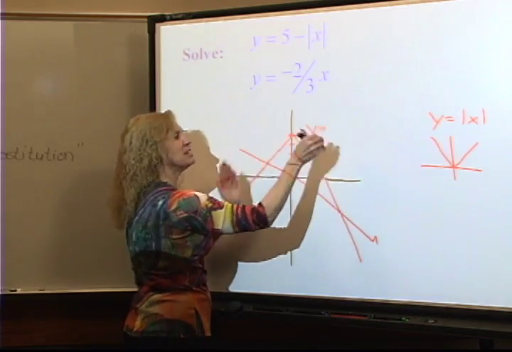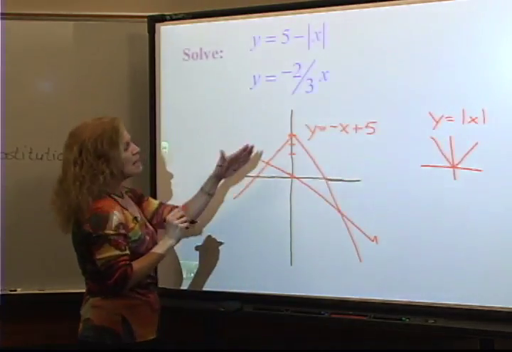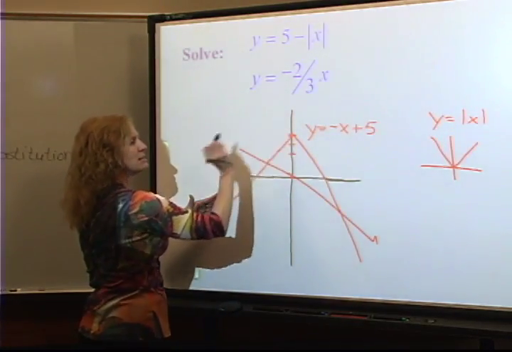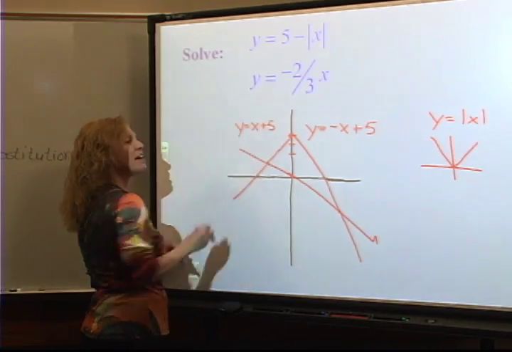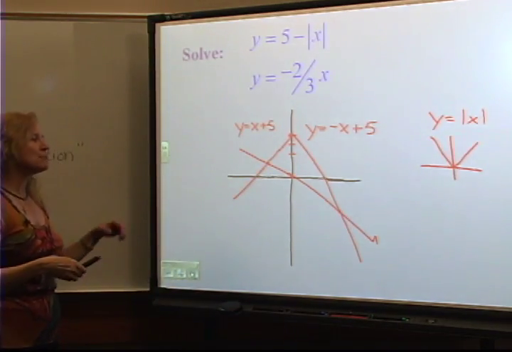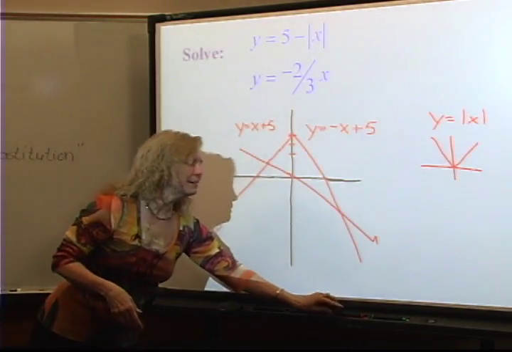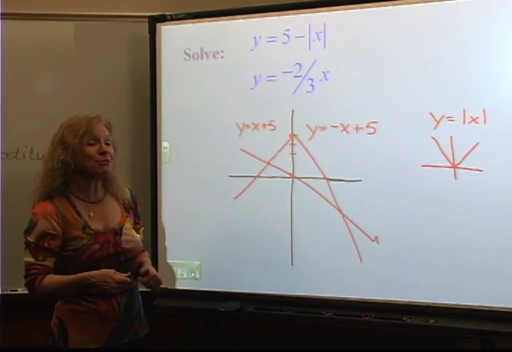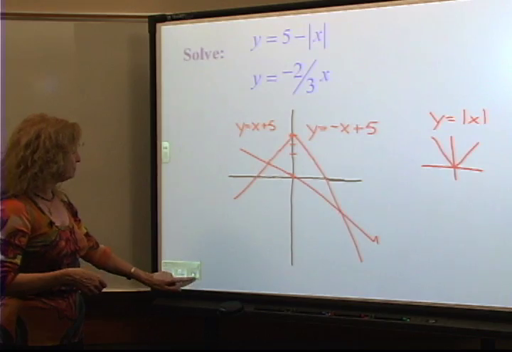This one has a slope of negative 1, so it'd be negative x plus 5. This guy crosses at 5. He has a slope of positive 1. And so I thought that was kind of an interesting idea to split it into two systems because of the absolute value. Well, that was kind of taking you a little further than you needed to go, but I thought it was an interesting kind of addition.